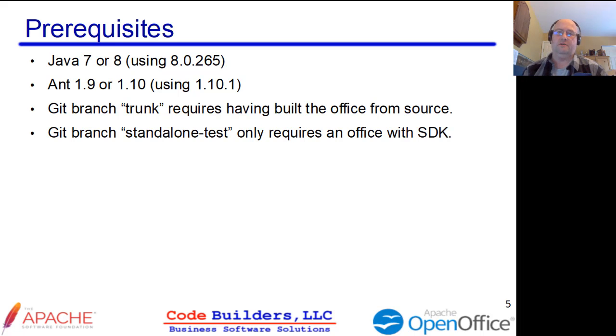So for instance, if you're a developer and you don't normally build the office, but you're a Java developer and you want to work on unit testing, you can do that against either a nightly build that you've installed from our build bots, or even just a regular installed latest version. Either way, it doesn't require you to have a build system set up.